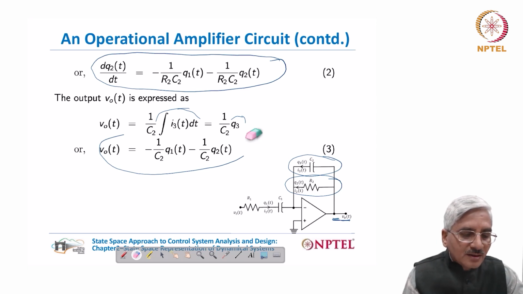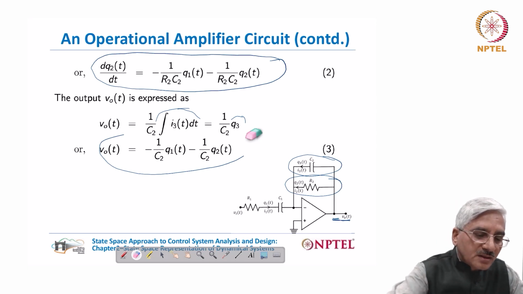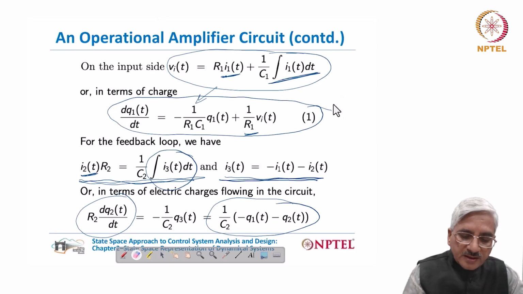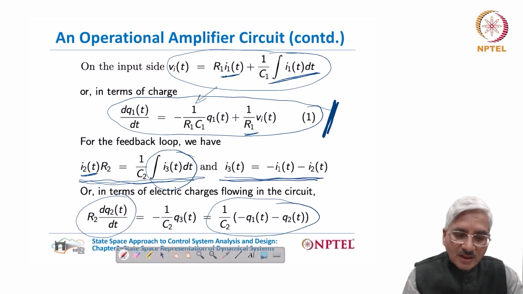So we obtained the equations describing this circuit. One equation was here, dQ1 by dt equal to minus 1 by R1 C1 Q1 plus 1 by R1 Vi.